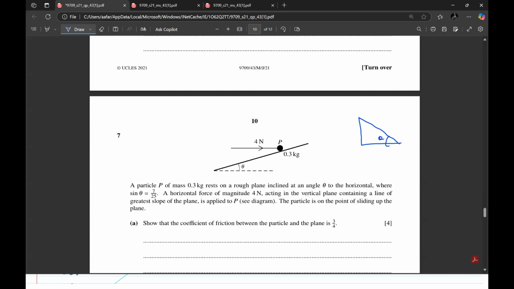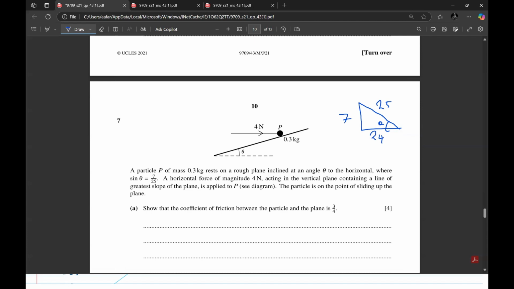This theta, sine theta is 7 over 25. So this will be 25 square minus 7 square under root, which gives 24. So maybe we can find cos theta.